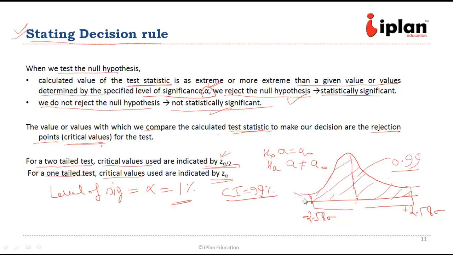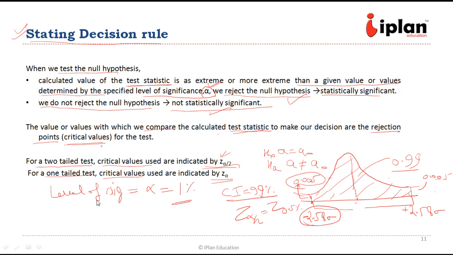So in this case, we know the probability on the left hand side tail is 0.005 or 0.5%, and on the right hand side also it is 0.005. That is why the sum will be 0.01 over both the tails. So if we are talking about a two-tailed test, the statistic we are talking about is Z alpha by 2, that is Z 0.5%, which will be minus 2.58 sigma in this case.